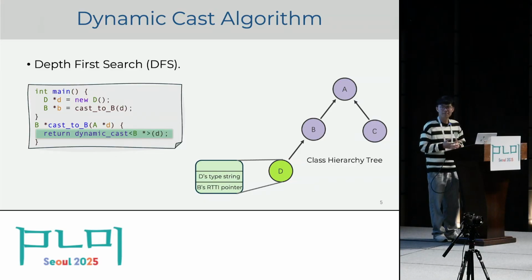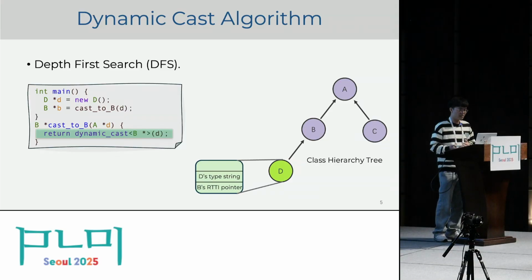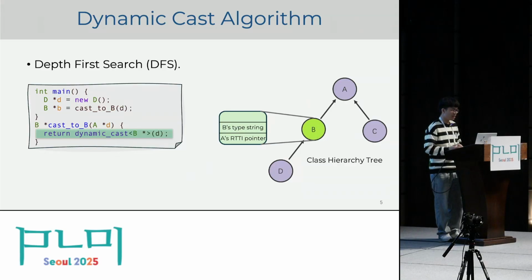But since class D is not the type that we are looking for, we follow the inheritance chain upward. And eventually, we reach class B. So now we have found a match. And that means the dynamic_cast succeeds, and we get a valid pointer of type class B.